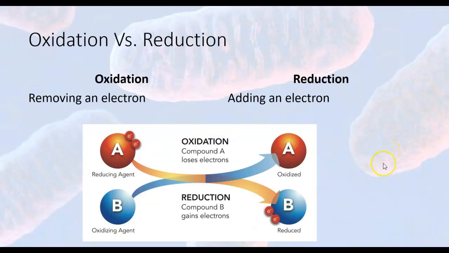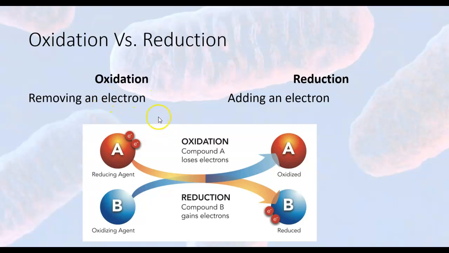Okay, so the next thing, some basic definitions. If you see this out there, or when you read a research article, you'll be able to understand what they're talking about with regards to enzyme kinetics. Oxidation versus reduction. This probably rings a bell from chemistry and some basic biology. Oxidation, we are removing an electron. Reduction, we're adding an electron.